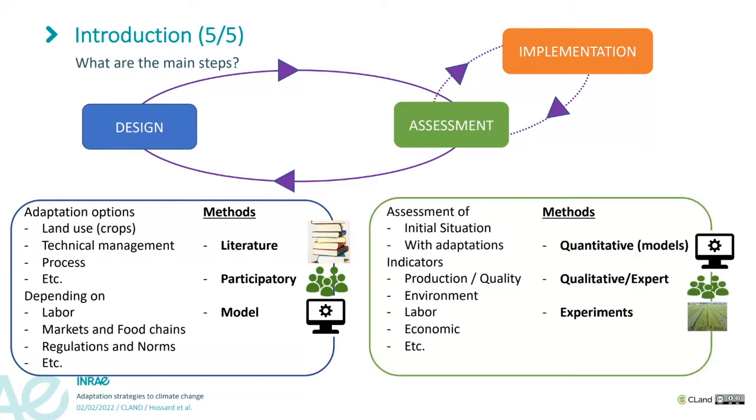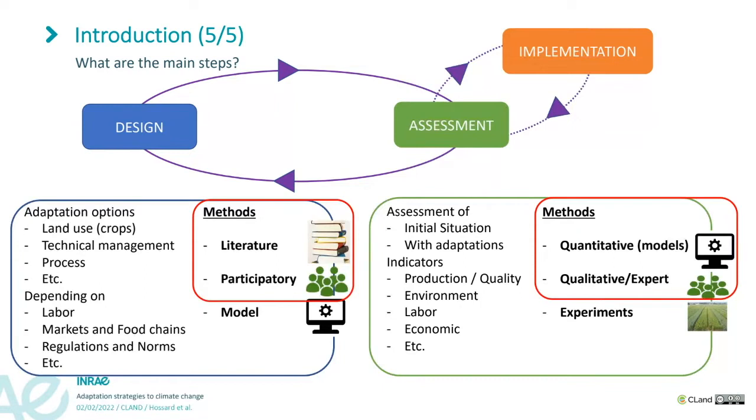Regarding assessment, what do we assess? We usually assess both the initial situation, so without any adaptation, and with adaptation. And we can make this assessment on a very large range of indicators: production, environment, labor, etc. And for this, the methods could be quantitative, qualitative, using expertise, or experimental.